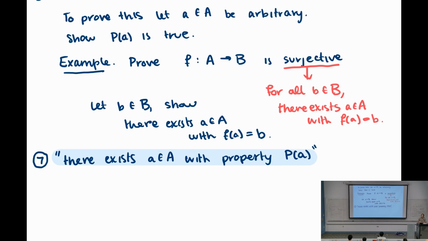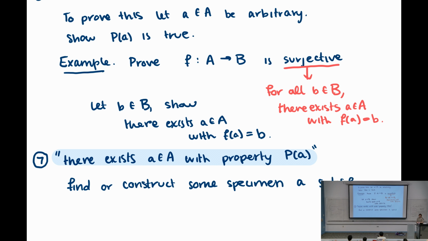The way that you prove statements like this typically is to find or construct some specimen a satisfying P of a.